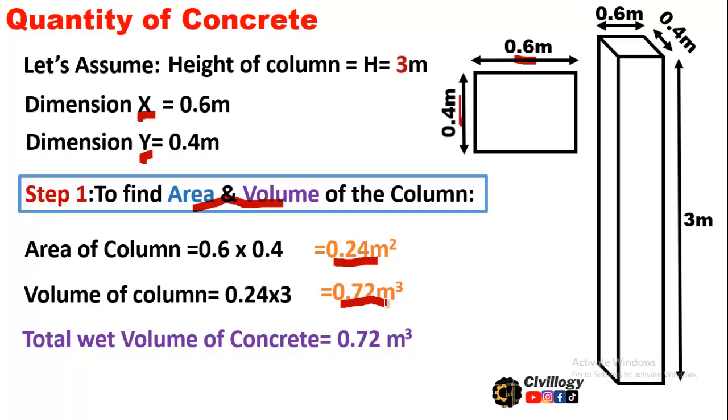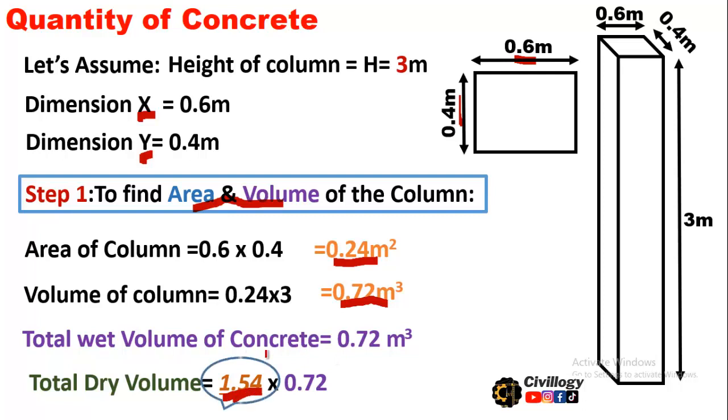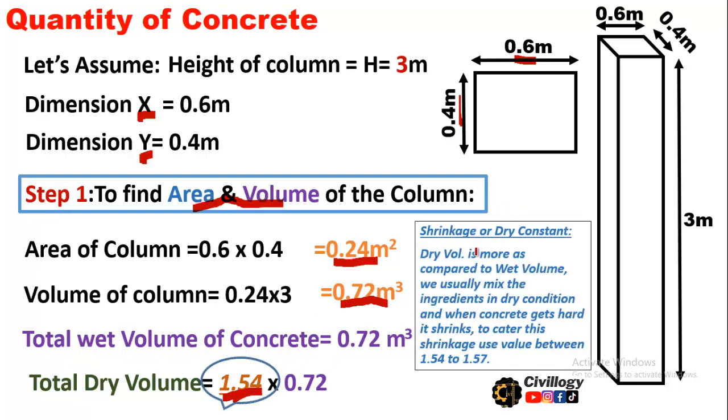But the ingredients of concrete, which are cement, sand and aggregate, are usually in dry form, and dry volume is more than wet volume, so that's why we use this constant, which is 1.54. It means that the dry volume is 1.54 times the wet volume. This is called the shrinkage or dry constant.